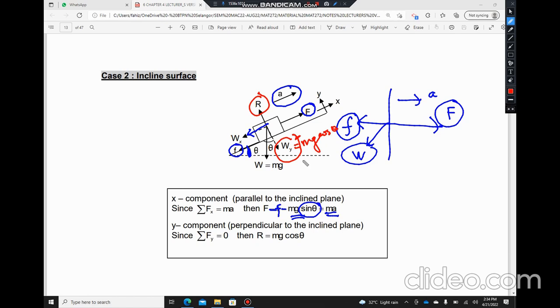So it equals 0. So R minus mg cos theta equals 0, or R equals mg cos theta. Okay, this is for the Y component.